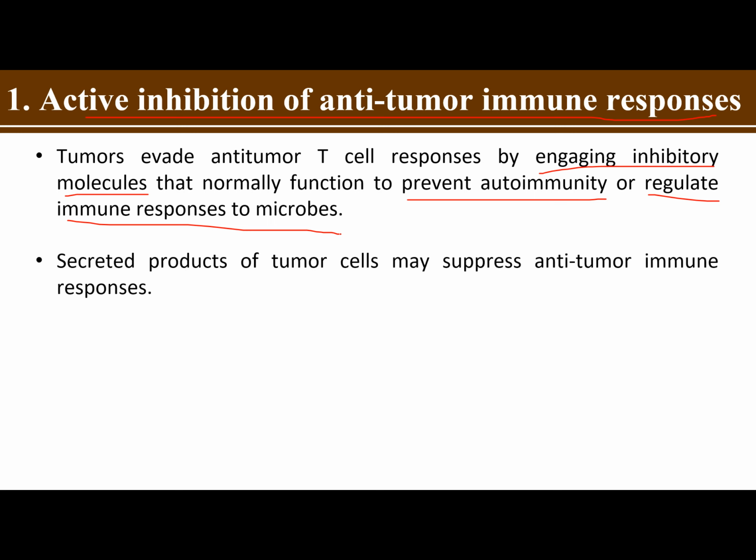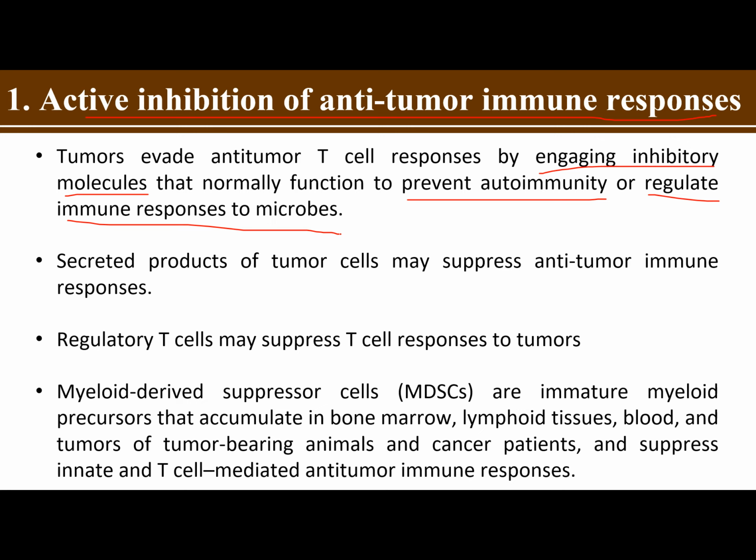Secreted products of tumor cells may suppress the anti-tumor immune response. Regulatory T cells may suppress T cell responses to tumors. Myeloid-derived suppressor cells, or MDSCs, are immature myeloid precursors that accumulate in the bone marrow, lymphoid tissues, blood, and tumors of tumor-bearing animals and cancer patients, and would suppress innate and T cell mediated anti-tumor immune response.